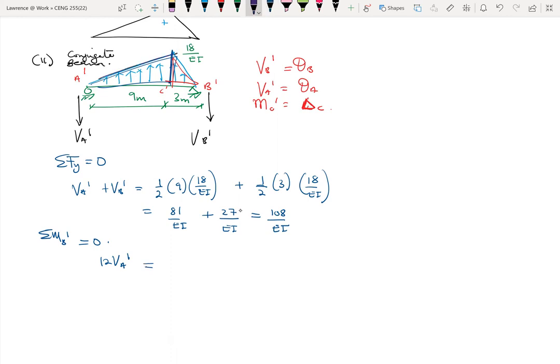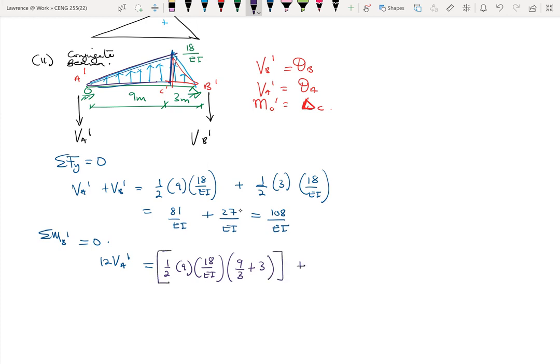The area of that one is half times a base of 9 times 18 over EI. This becomes the area. The corresponding moment arm is 1/3 of 9, so 9 over 3, plus this extra distance of 3. So this is the first one.